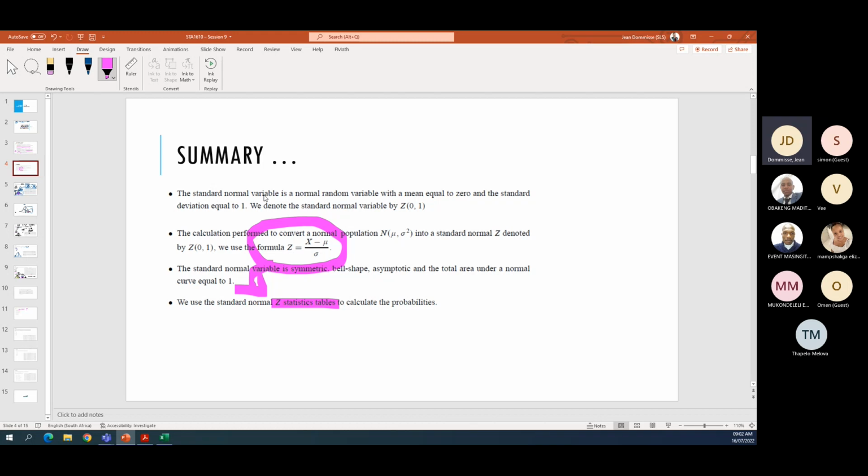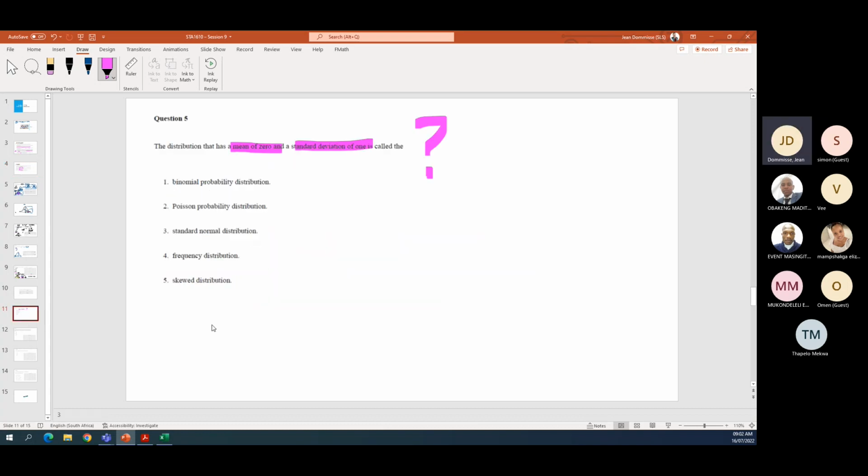The standard normal variable is a normal distribution with mean equal to 0, standard deviation of 1. So straight from your definitions, it's not binomial, it's not Poisson, it's the standard normal distribution. Frequency distribution, definitely not, and the skewed distribution also not. It will be a normal distribution.